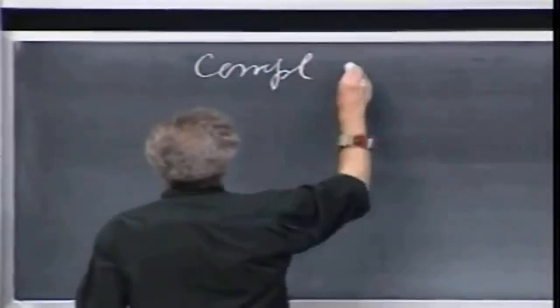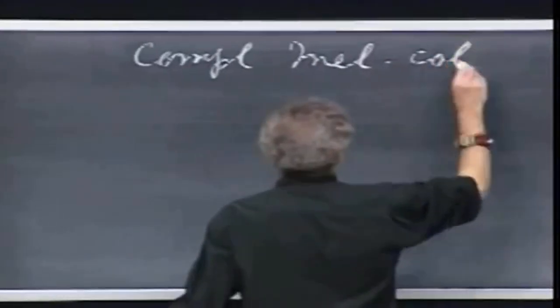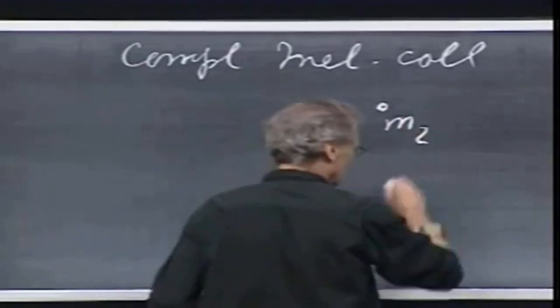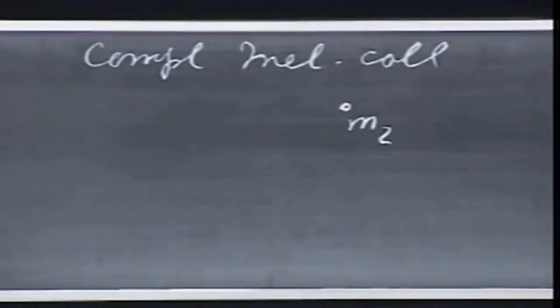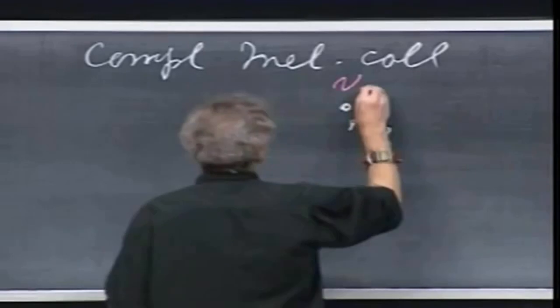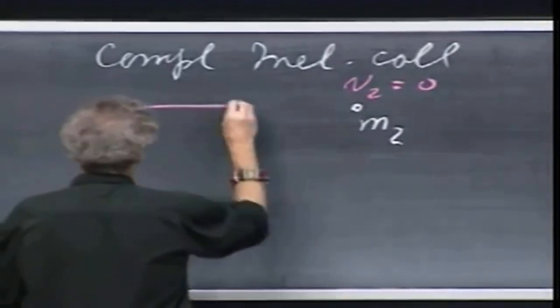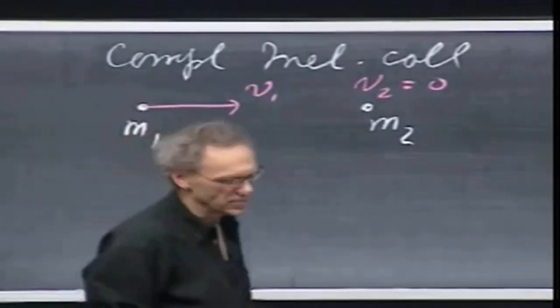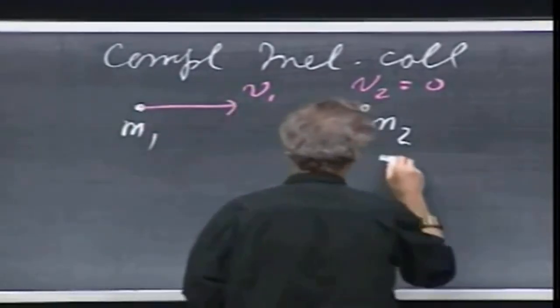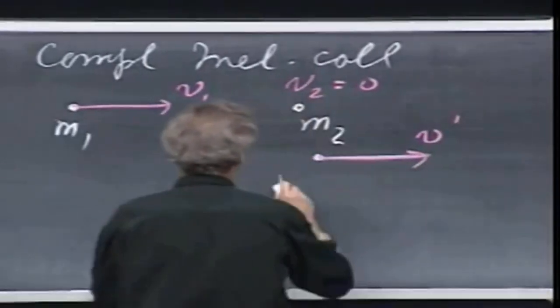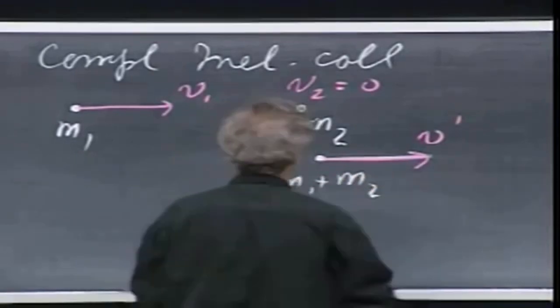So now we are back in 26.100, and we're going to make a completely inelastic collision. That means they stick together, remember? And M2, we will have, again, to make life a little simple, no speed, V2 equals 0, and M1 has a velocity V1. You've seen this now a zillion times. They get together, they stick together, and so I have here a velocity which I call V prime, and the mass is M1 plus M2.